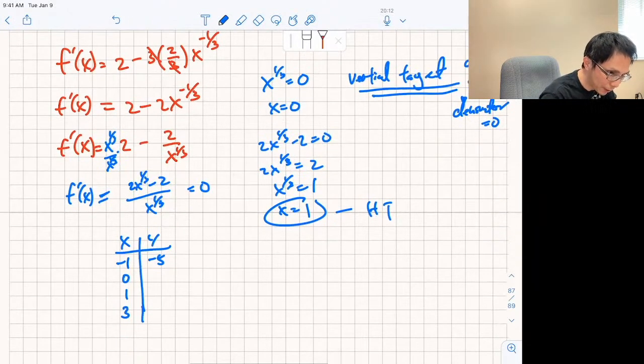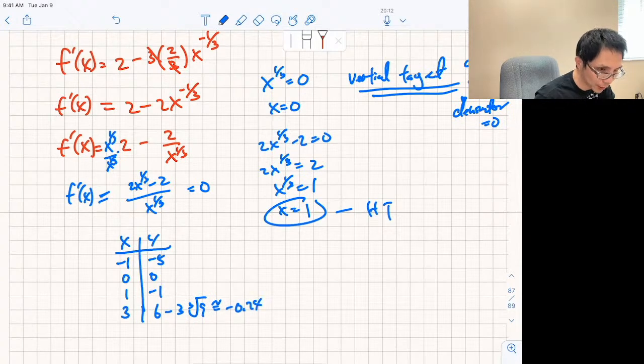If you plug in 0, easy, cake. Plug in 1, what am I going to get? -1. And if you plug in 3, that one's kind of weird. It's 6 minus 3 times the cube root of 9, which is roughly -0.24 if you use a calculator.